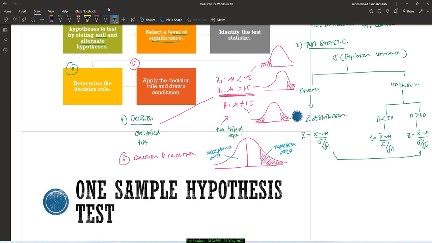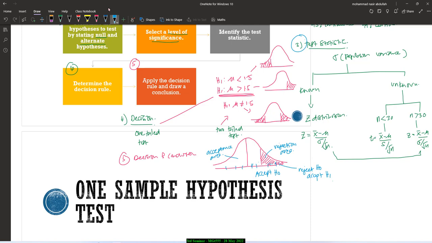So kalau the value of test statistic dekat sini falls under the acceptance area, kita akan accept null hypothesis. If the value of Z, the test statistic ni, falls under the rejection area, we're going to reject null hypothesis and accept alternative hypothesis.